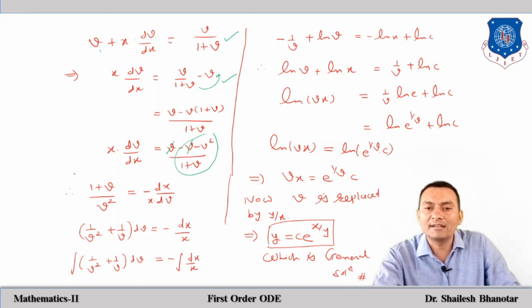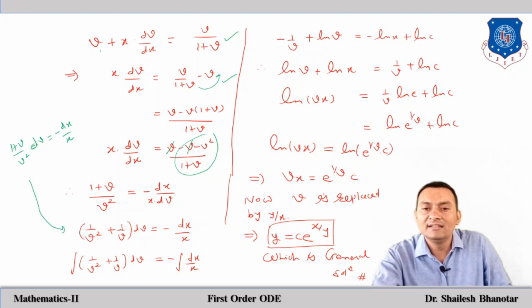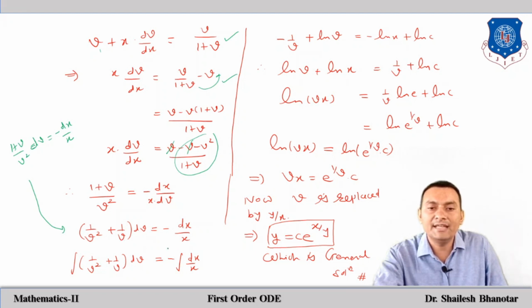That also you can make. This way I'm saying that 1 plus v square divided by v cube into dv is equal to minus times dx divided by x. That also you can write. Now you have to do the separate division, and also you can write 1 by v cube plus 1 by v dv is equal to minus dx by x.